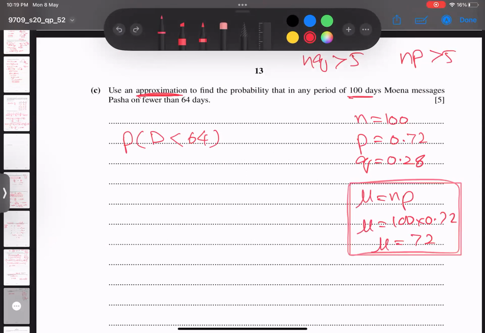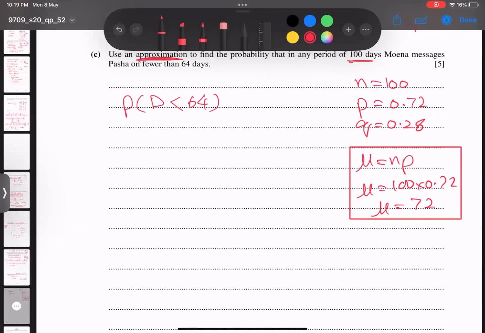The mean is clear, so let's go for the deviation, the root of NPQ formula. You must know it. N is 100, P is 0.72, and Q is 0.28, and take a root of the whole.